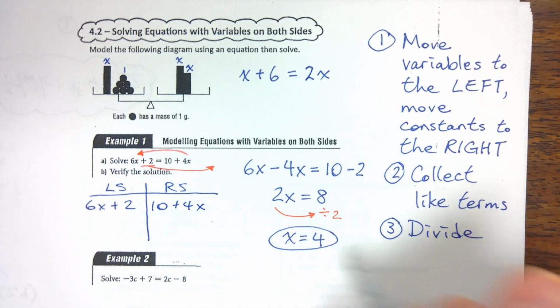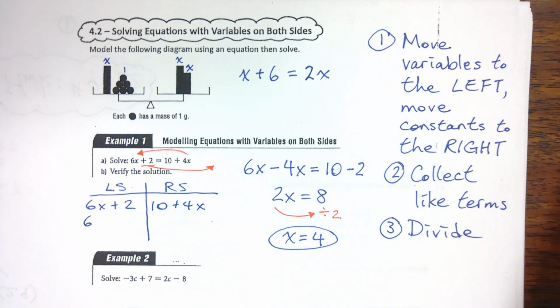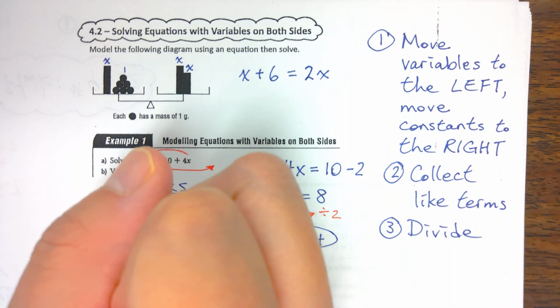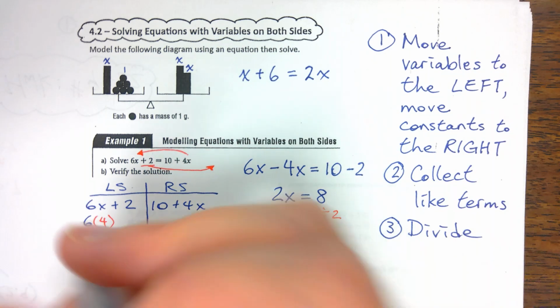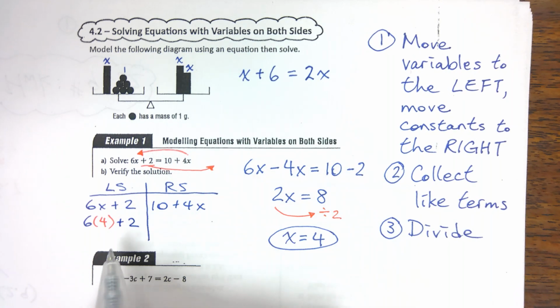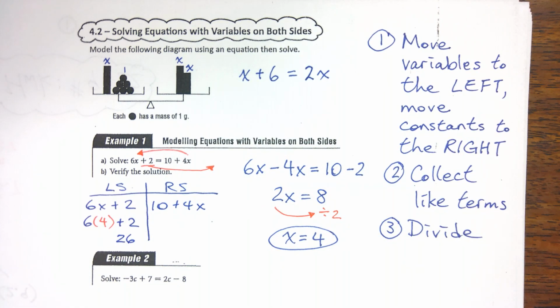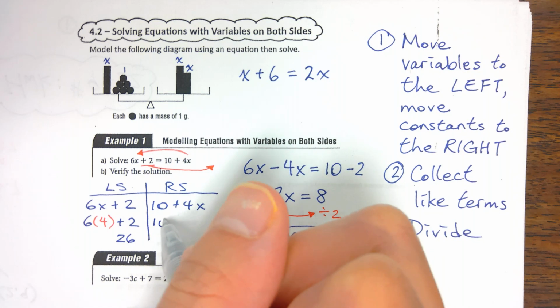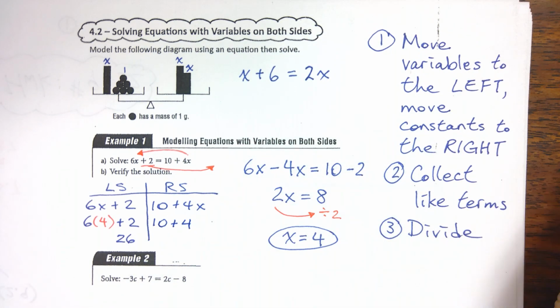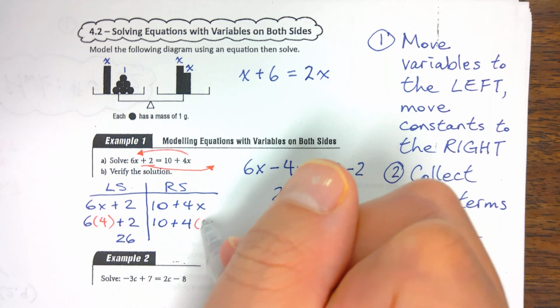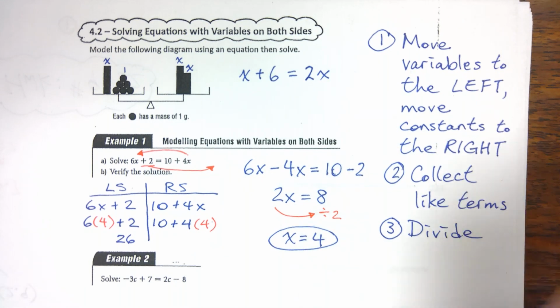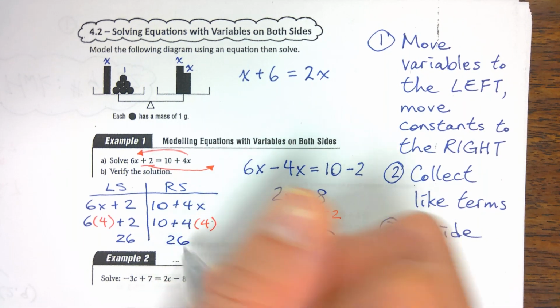So plug it in. When x is 4, six times 4 is 24. 24 plus 2, you get 26. What about on the right side? 10 plus 4 times 4. 10 plus 16, you get 26.